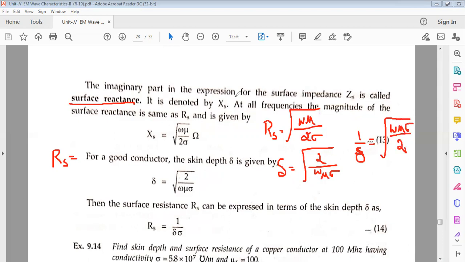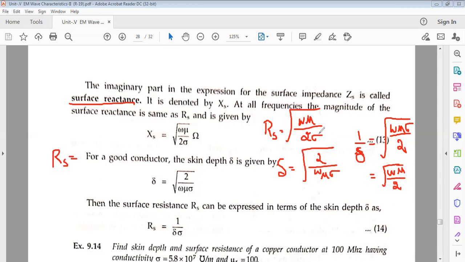Okay, my dear students, 1 by delta is under root of omega mu sigma by 2.